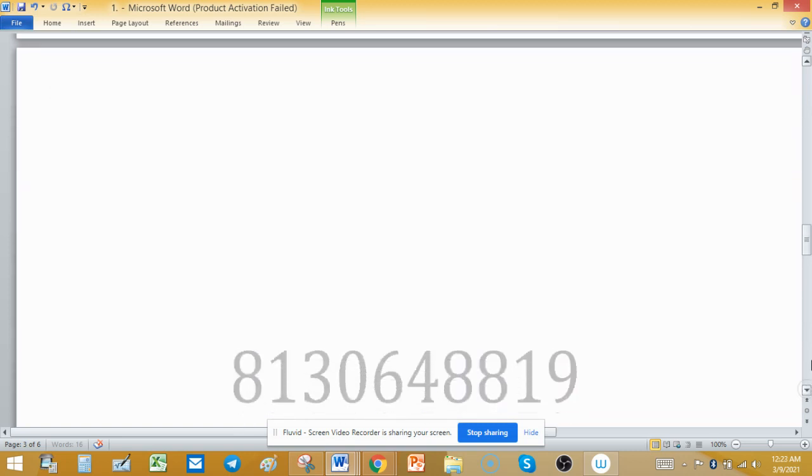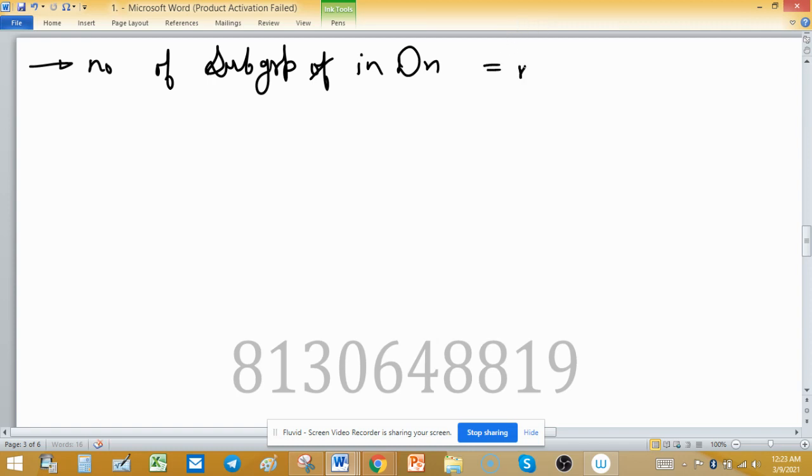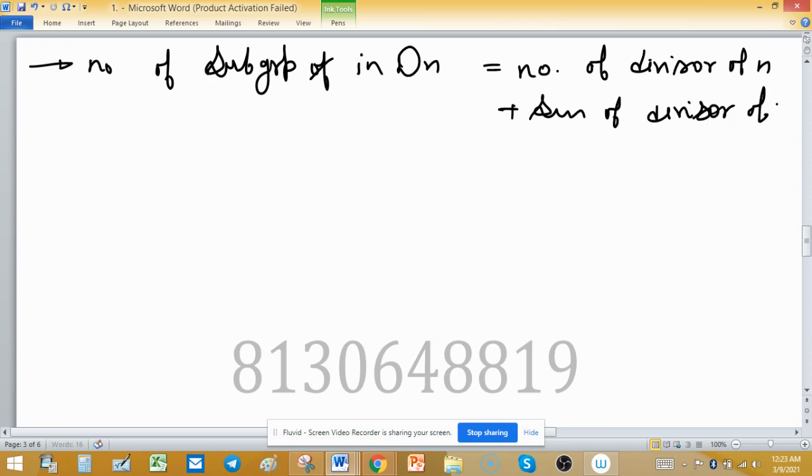The number of subgroups in D_n is equal to the number of divisors of n plus the sum of divisors of n.